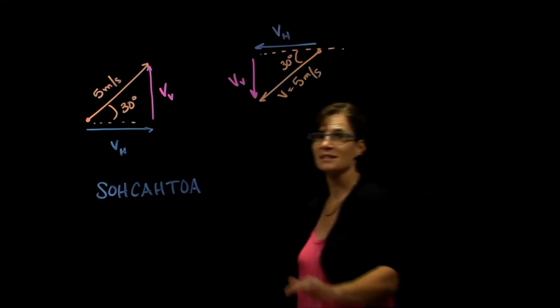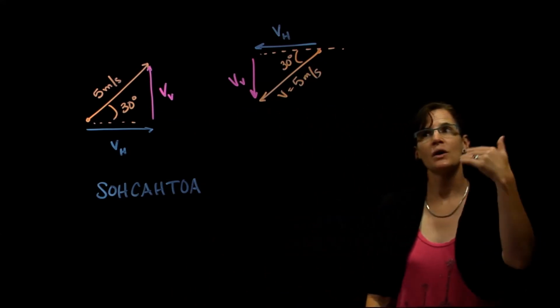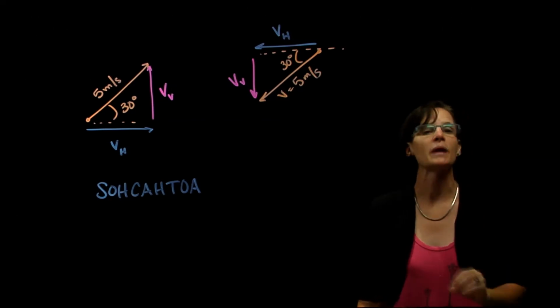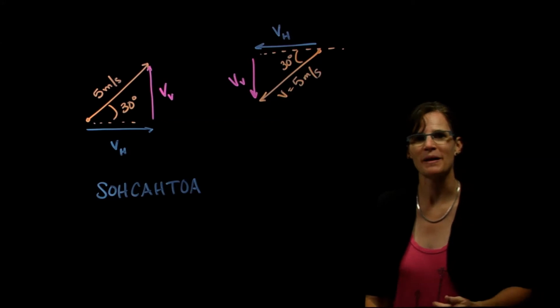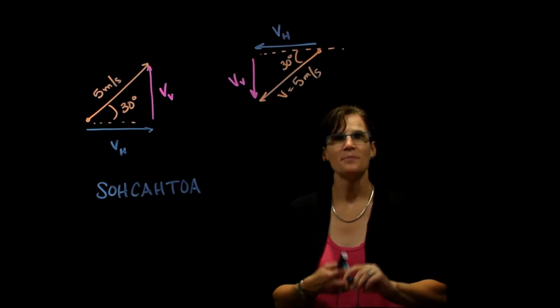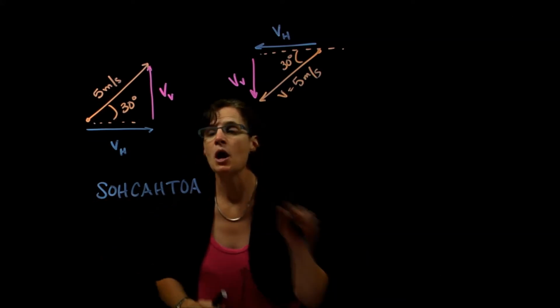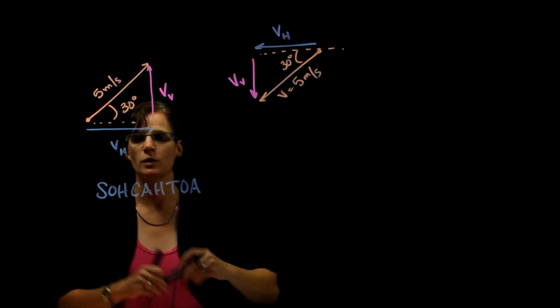If we want to stick with SOHCAHTOA and let our mathematics out of our calculator give us exactly the right number, then we need to remember to take our angle with respect to the positive x-axis. In this example, we took the angle of 30 degrees. The positive x-axis is this axis here, if I draw a coordinate system on there.